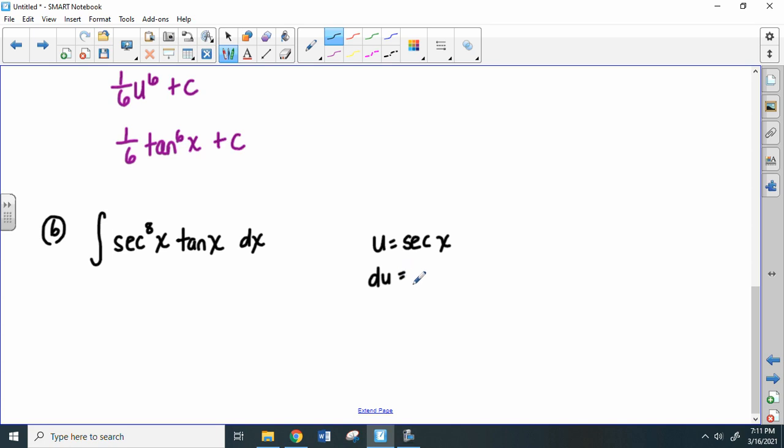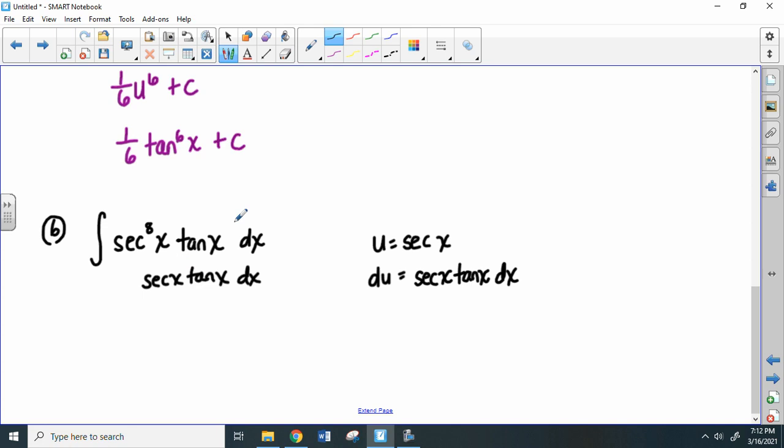Let's see if we can manipulate this so that we can set it up with a power rule. The derivative of secant x, you need to remember, is secant x times tangent x dx. So when I set up the du, I'm going to need to use one of these secants and the tangent and the dx.